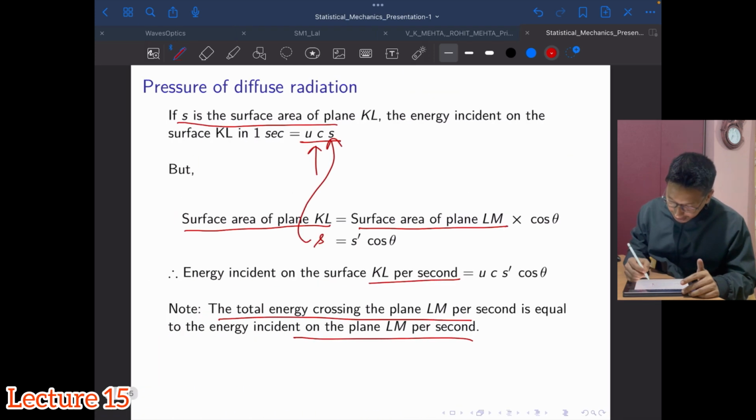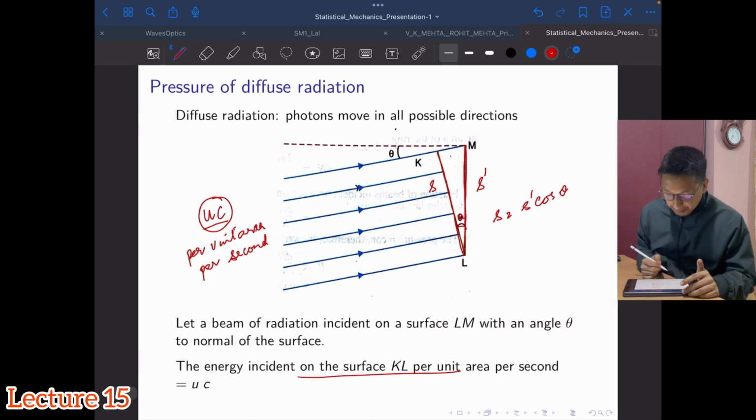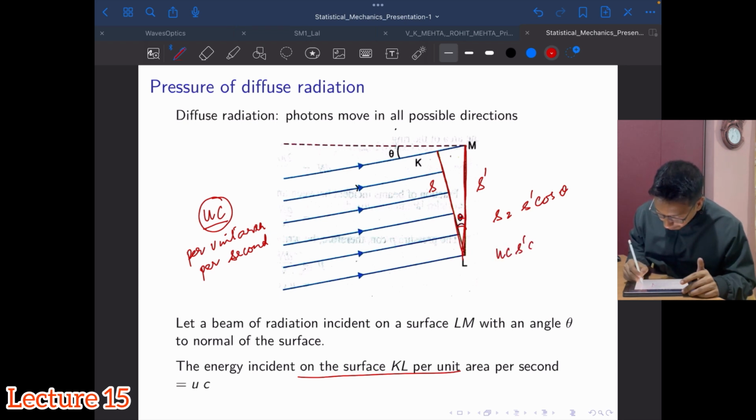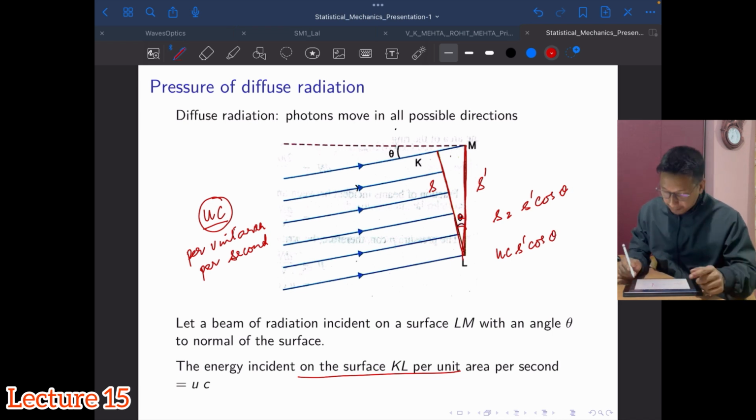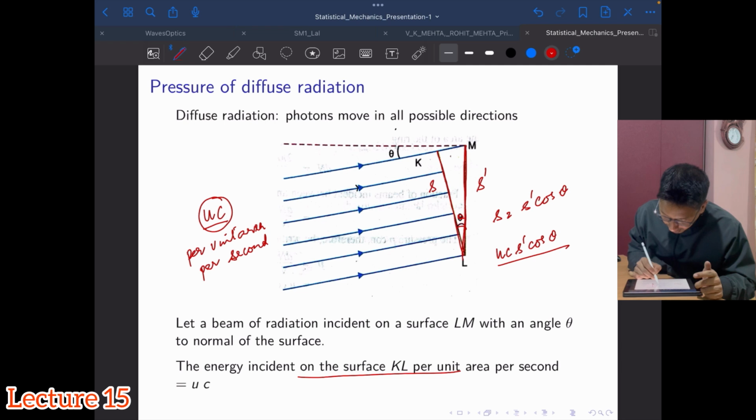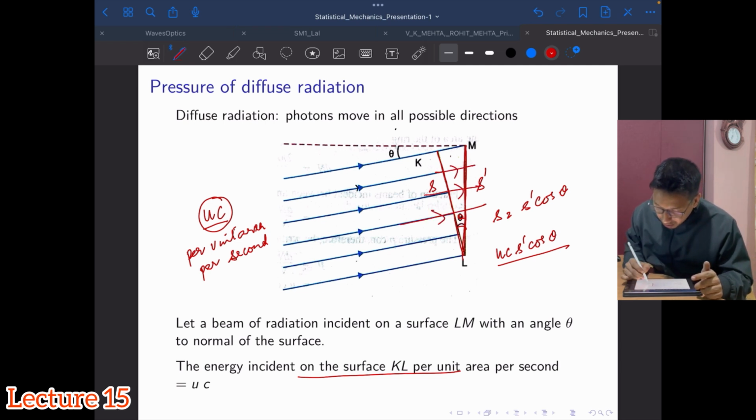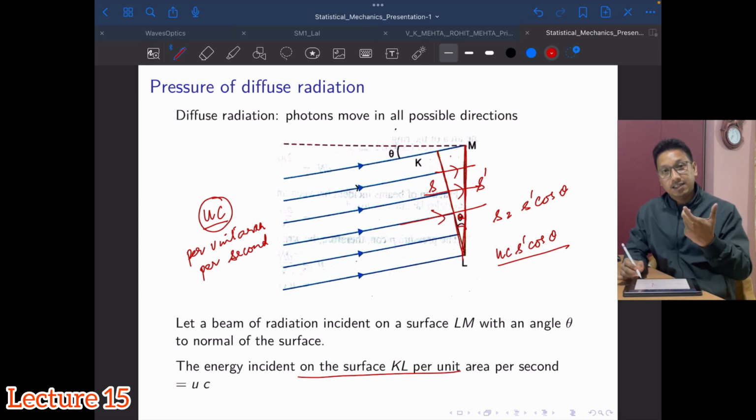So LM is this surface. The energy passing through it is u c S dash cos theta, and that happens per second. So u c S dash cos theta is the amount of energy passing through the area LM per second.